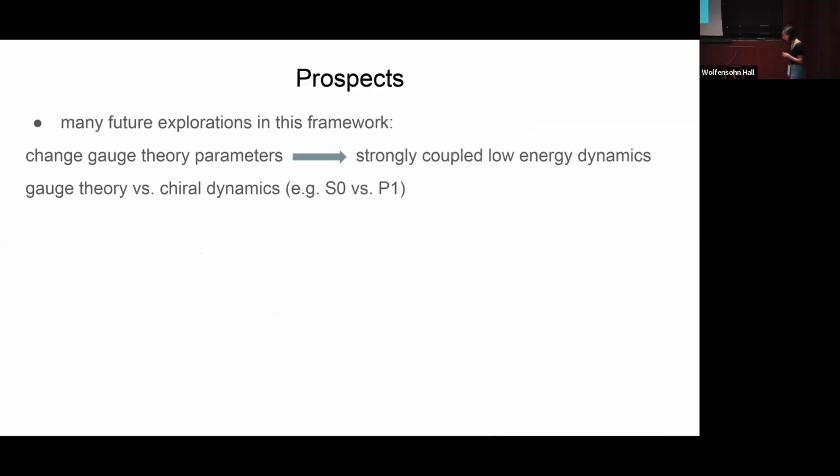For the future, there are so many things to do. For example, we can start changing the gauge theory parameters in this input to see how the low energy strongly coupled dynamics depend on that. There's also an interesting interplay between the chiral dynamics and the gauge theory, as we saw earlier that the S0 wave arises simply from the chiral dynamics, while the P1 wave that contains the rho meson comes from QCD.